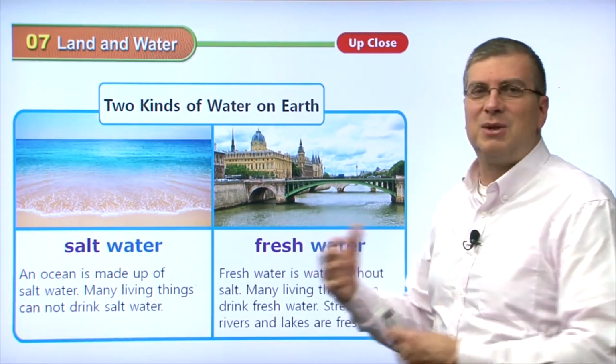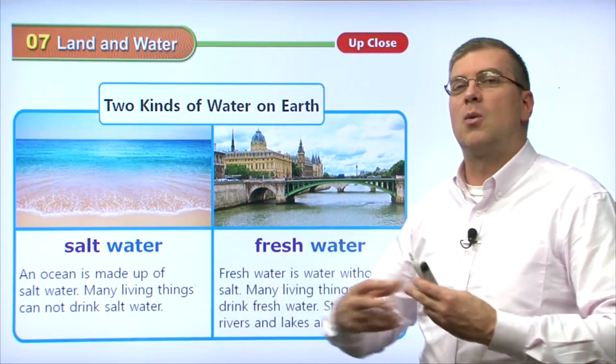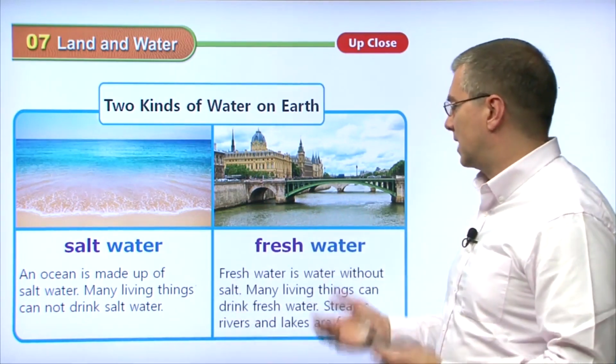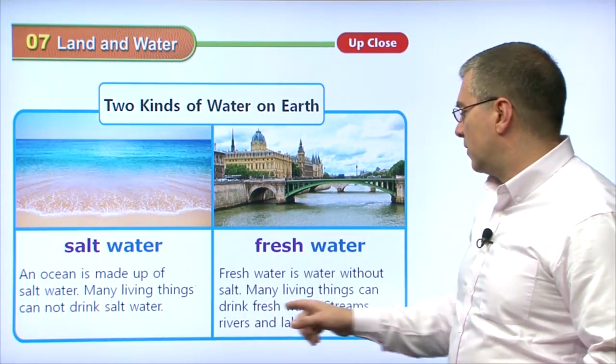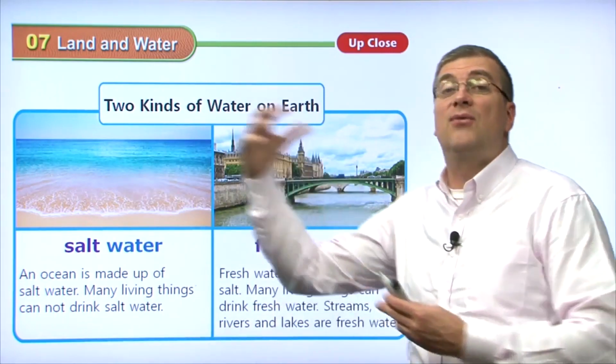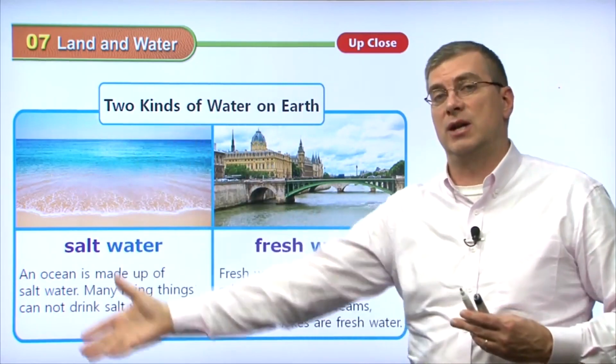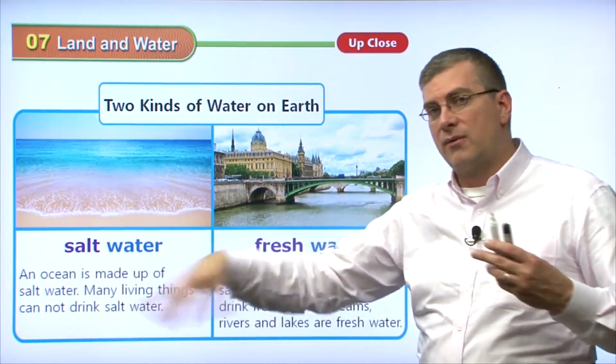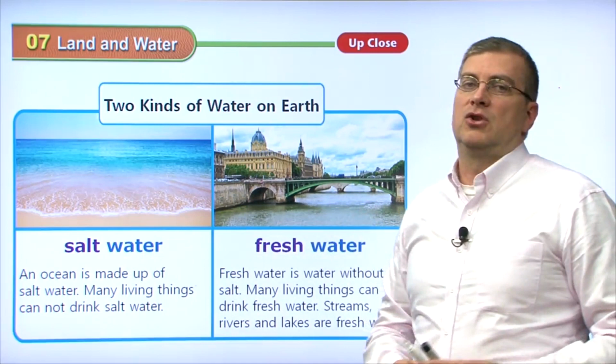Usually this water has to be treated, has to run through a water treatment plant so that we can drink it. Streams, rivers, and lakes are fresh water. If you go into the mountains or you get away from cities, you go out into the country and you see a stream or a river, you might be able to drink that water.